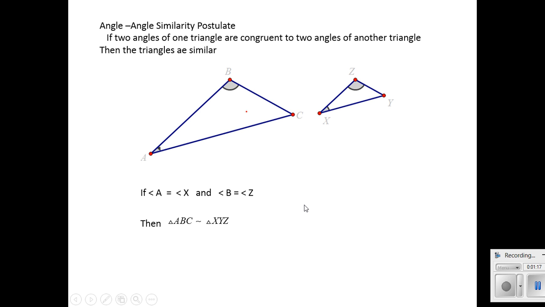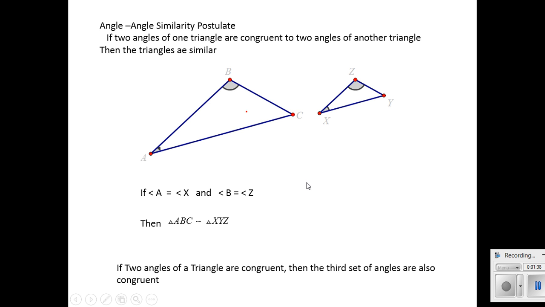So, with that, you could say all 30, 60, 90 triangles are similar. All 45, 45, 90 triangles are similar. All equilateral triangles are similar.